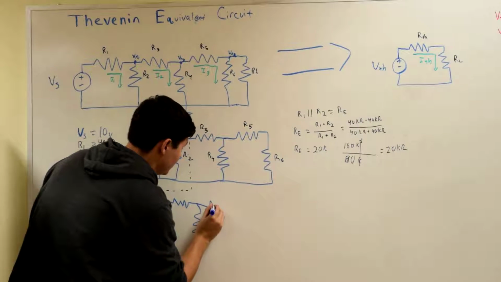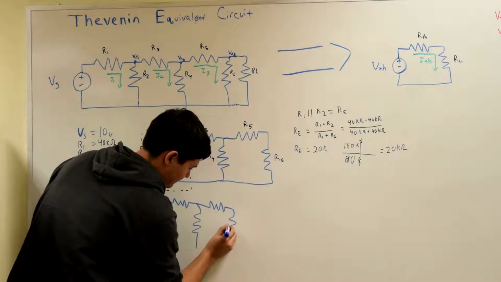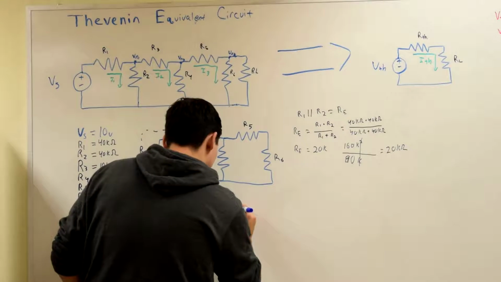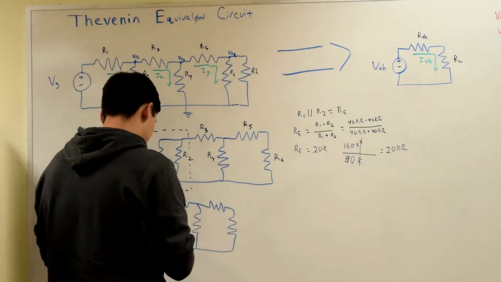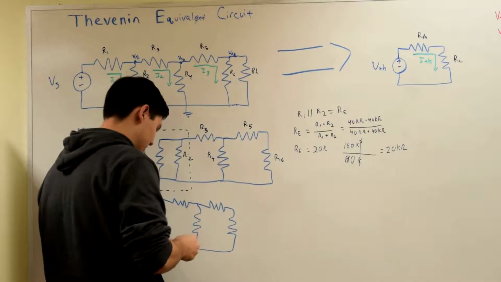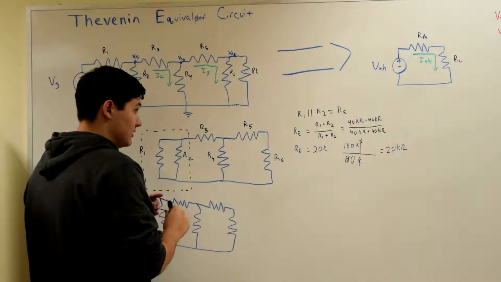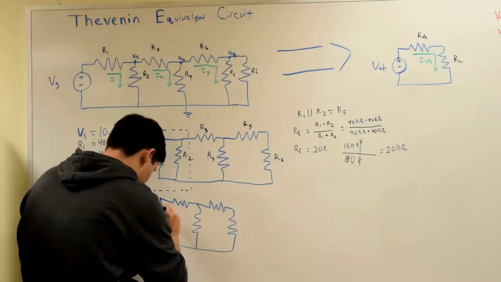I'm sorry, my drawing is not the greatest right now, but if you see what I'm trying to do here, you can see I have my peak, so let me relabel this guy and then you'll see where we're at. So now we're going to introduce our RE, our equivalent resistance value.